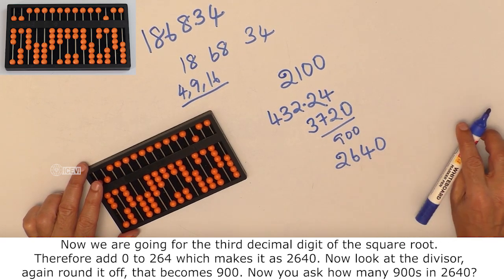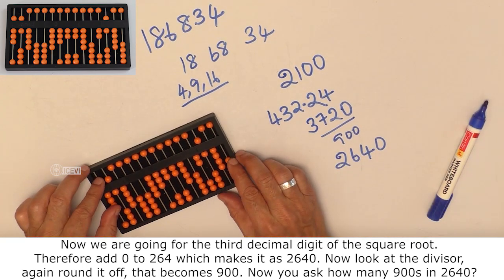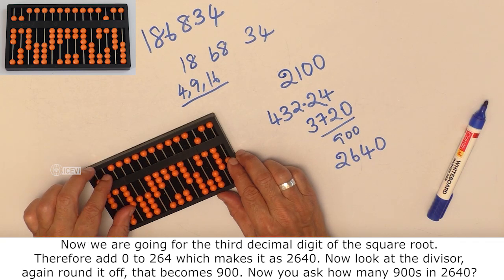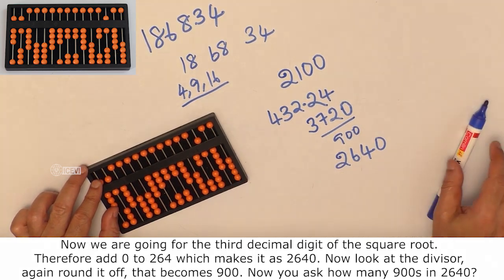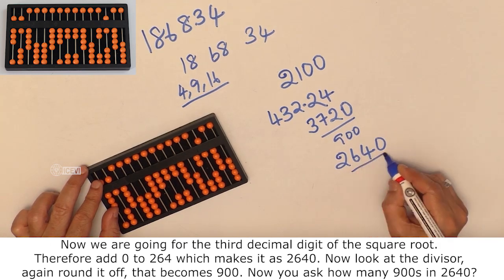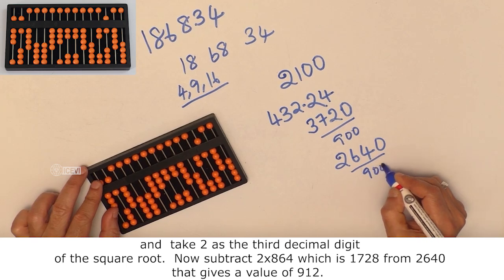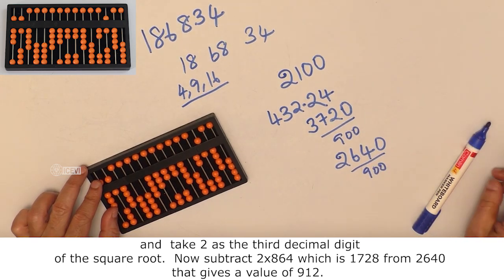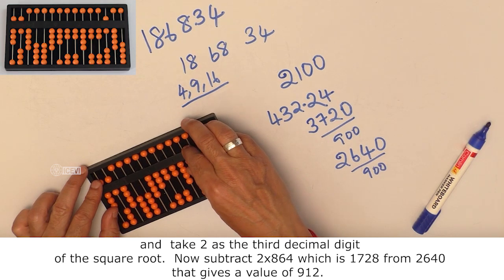264 and that becomes 2640. Now look at the divisor, again round it off, that becomes 900, and then you ask how many 900s in 2640 and take 2 as the third decimal digit of the square root.